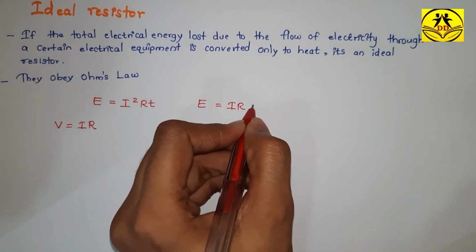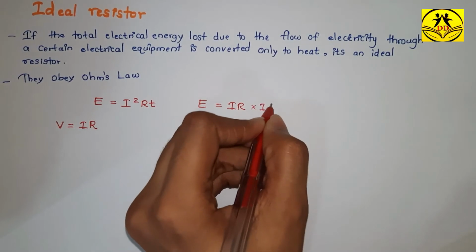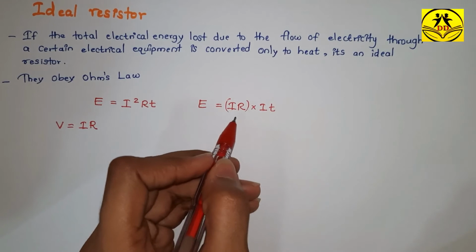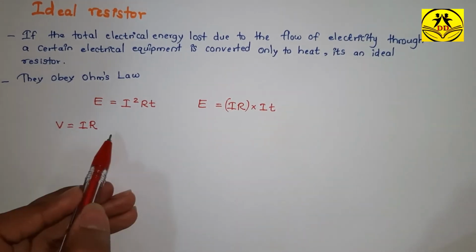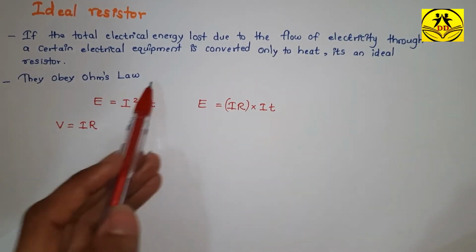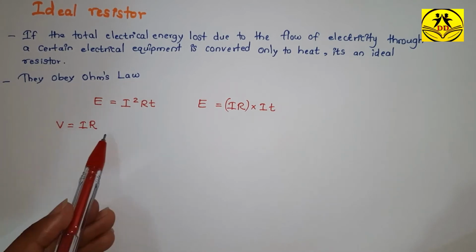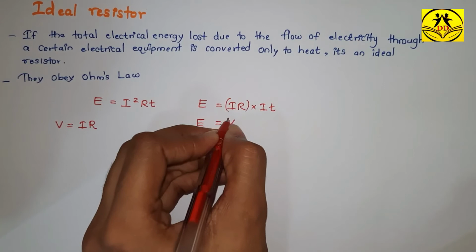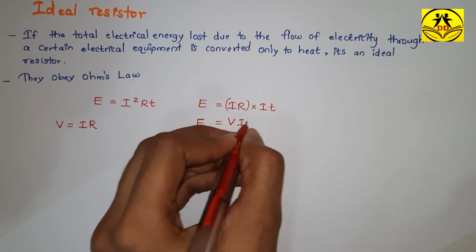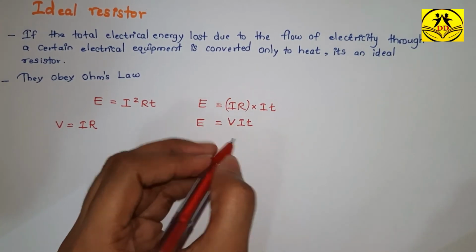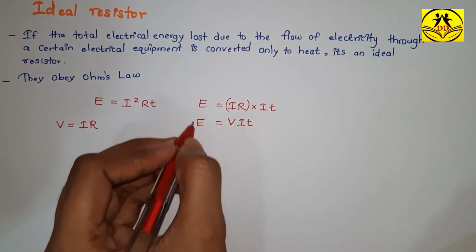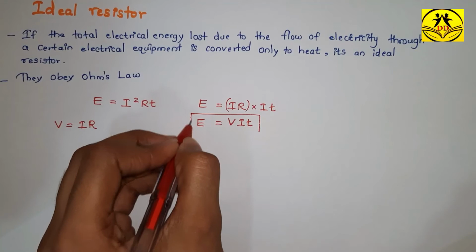Now instead of IR we can write V here, because V equals IR. It obeys Ohm's law, so we can apply Ohm's law. So E equals VIT. You know V is the potential difference across this resistor. So we can derive another equation like this.